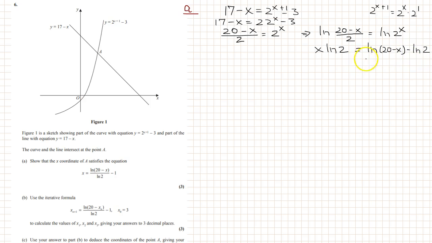Now divide all sides by ln 2, this cancels. So x will be ln 20 minus x over ln 2, this cancels, this is 1. So that is what we are supposed to prove, ln 20 minus x over ln 2 minus 1.